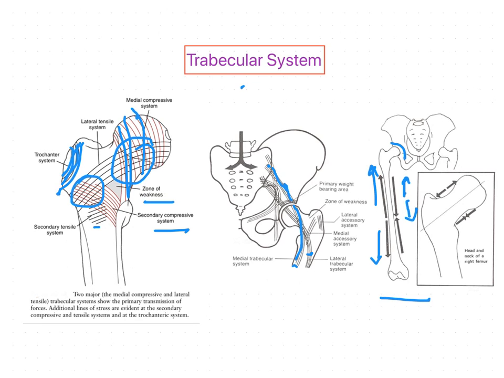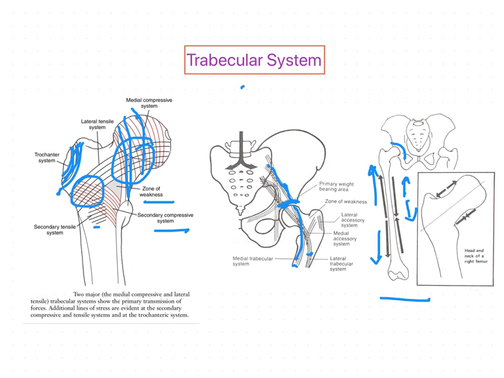Normally the dome of the acetabulum has more trabeculae in the pelvis. So here you can find this trabeculae, called the primary weight bearing area, which is located on the superior portion of the lunate surface. In the normal hip, the dome lies directly over the center of rotation of the femoral head.